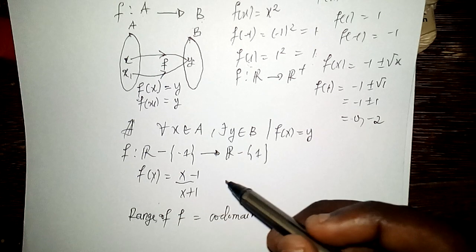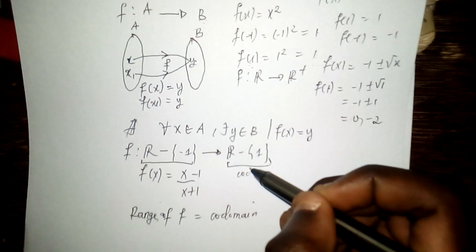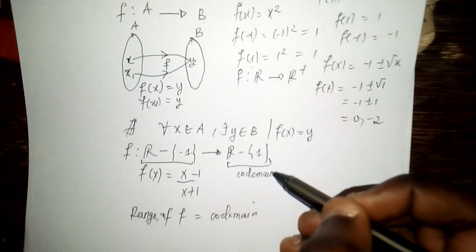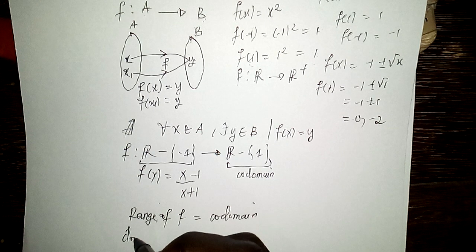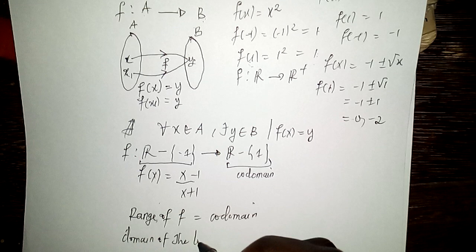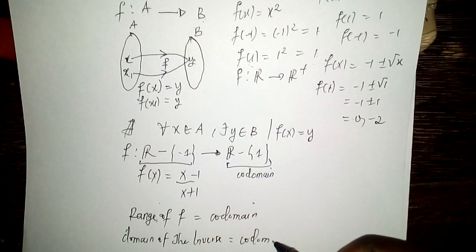Now this is my function f, so this is the domain, this is the codomain, as per our explanation. Now what is the range? The range is simply the domain of the inverse. So the domain of the inverse should be equal to the codomain.